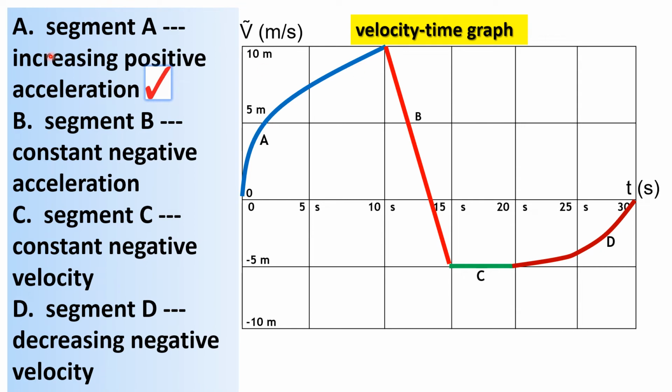It is the word increasing that makes this option incorrect or false. All the rest, like option B, option C, option D, are all true statements as I have explained earlier.